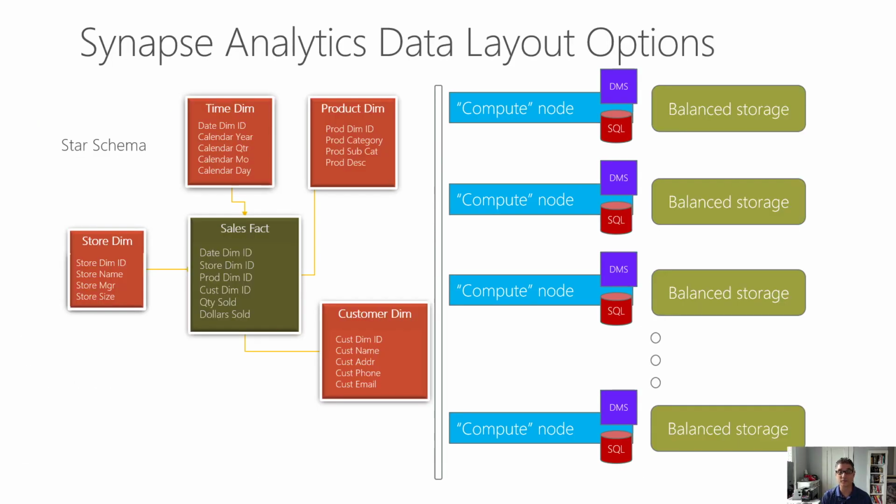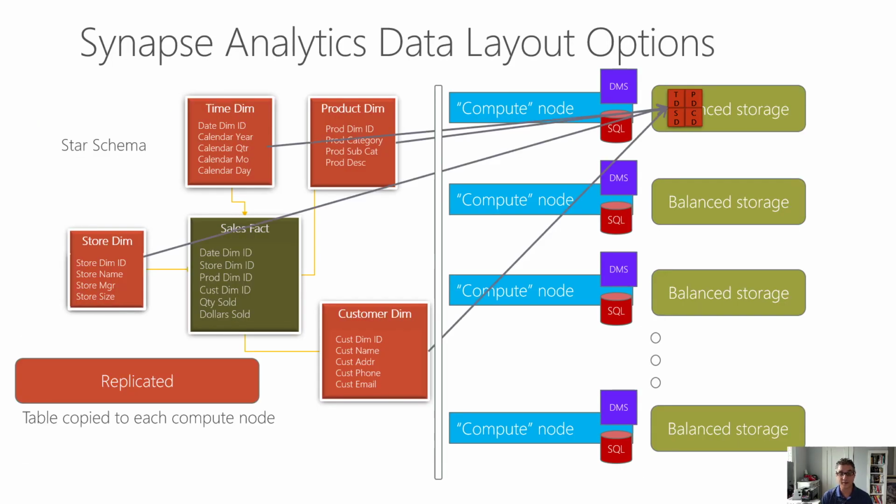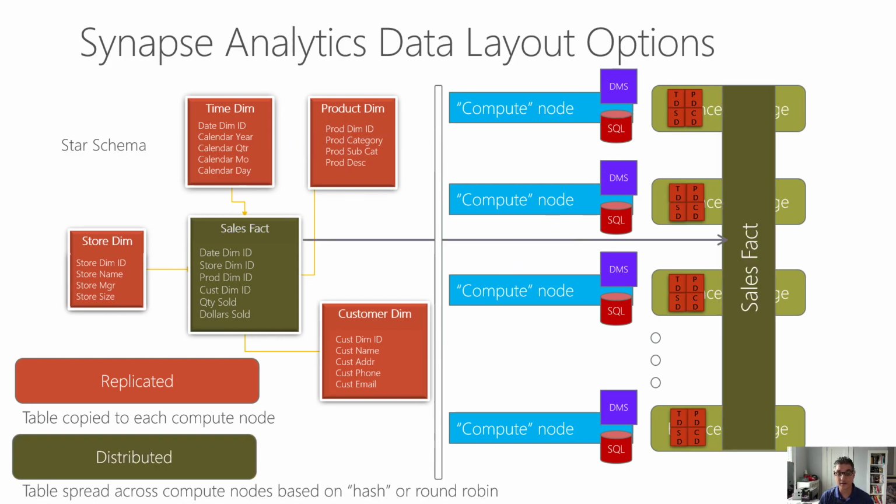And so the way that works is, think of a star schema. And what you'll do is replicate these smaller tables to each of these storage devices. Because the tables are smaller, storage is relatively inexpensive. And for performance reasons, I'm going to replicate those smaller tables. However, a fact table, if we're using a star schema, will distribute that data among all the various storage devices.